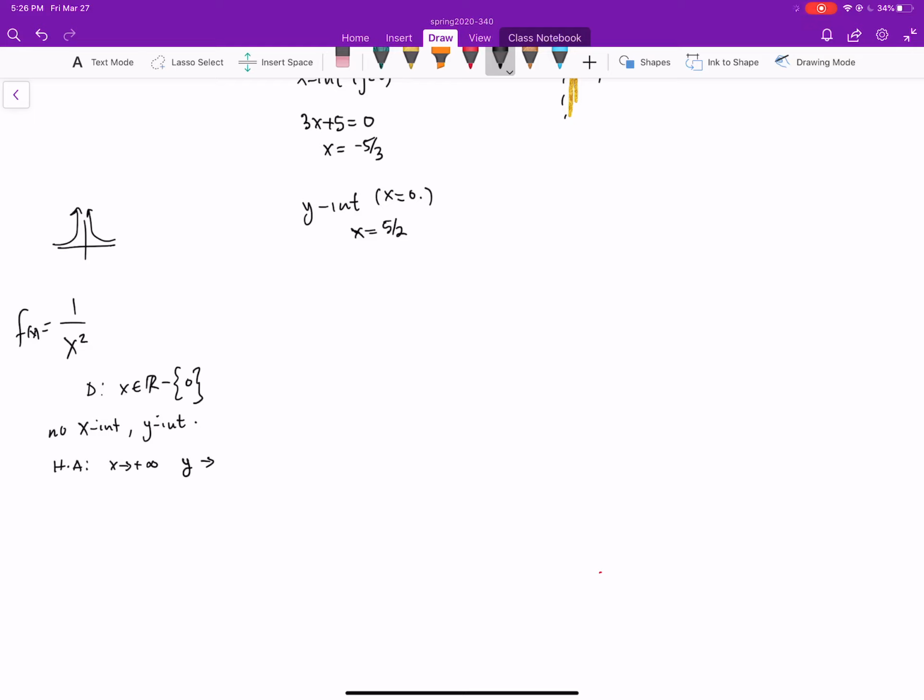Likewise, x going to negative infinity: when I plug this into the equation, since I'm squaring, the negative turns to positive, so I have 1 over a very big number.